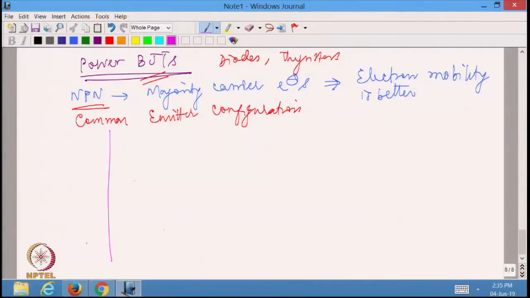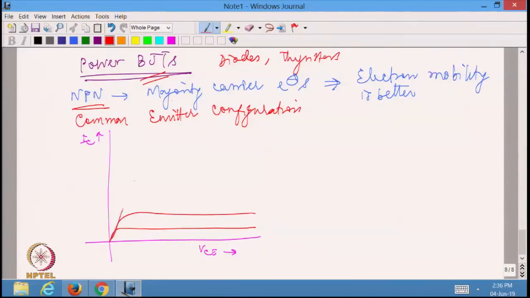of operation. One is going to be cutoff. Let me just draw how the transistor characteristics are. IC is plotted with respect to VCE. This is how the transistor characteristics are. So, for a particular base current, this is how it is, for another base current it is going to be like this, for another like this, and so on.